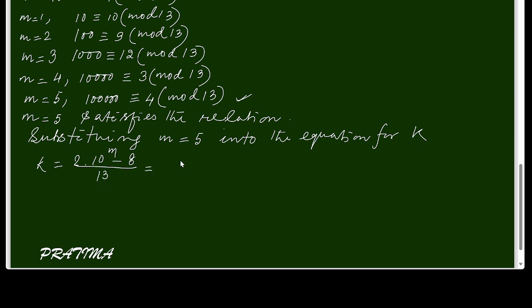So equals 2 into 10 to the power 5 minus 8 by 13. That is equal to 199992 by 13. That equals 15384. So what is the number?